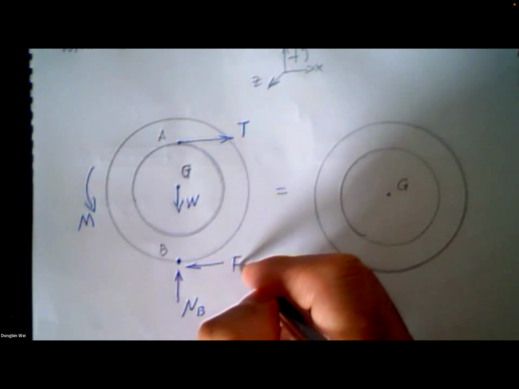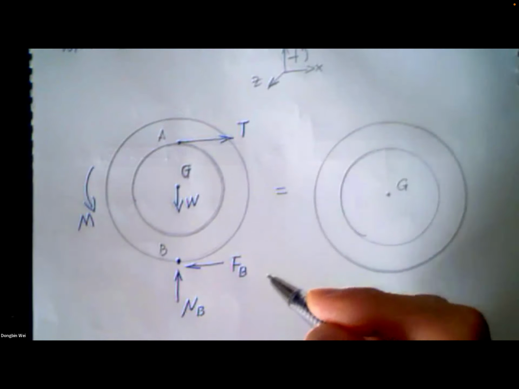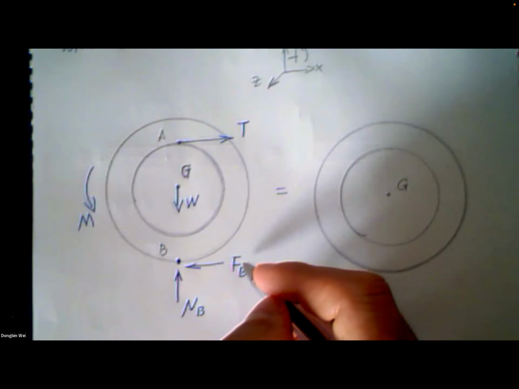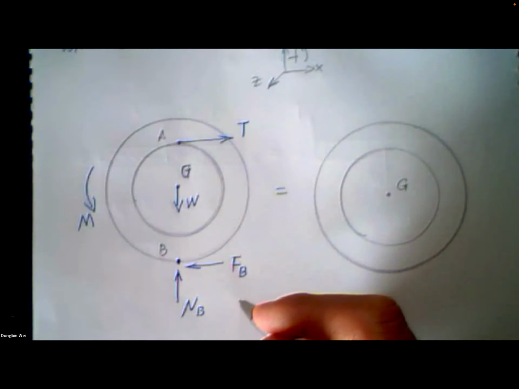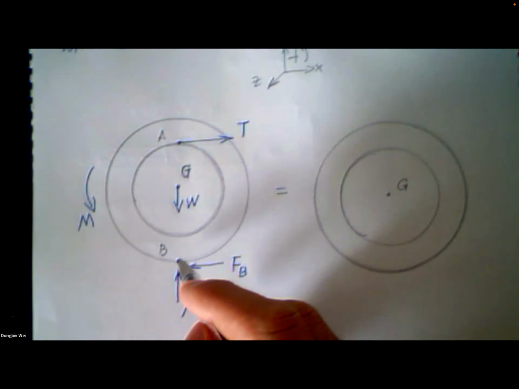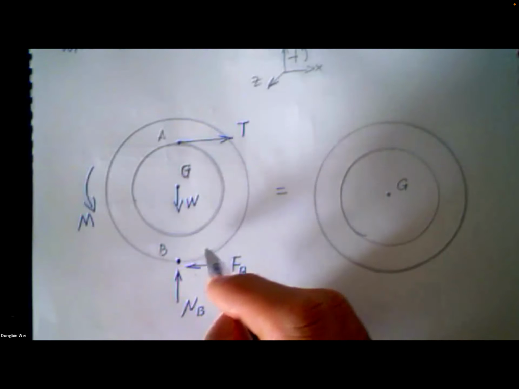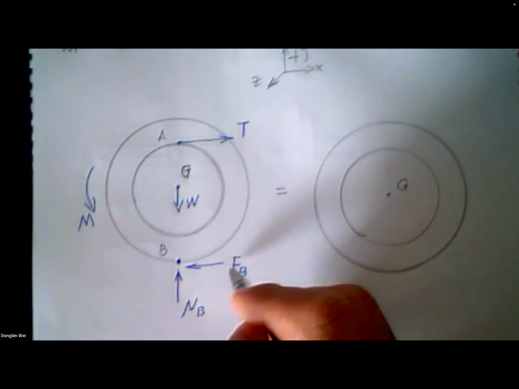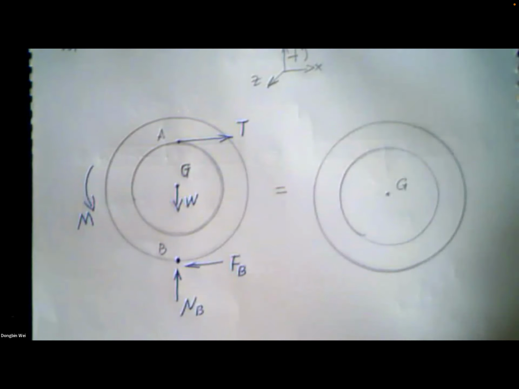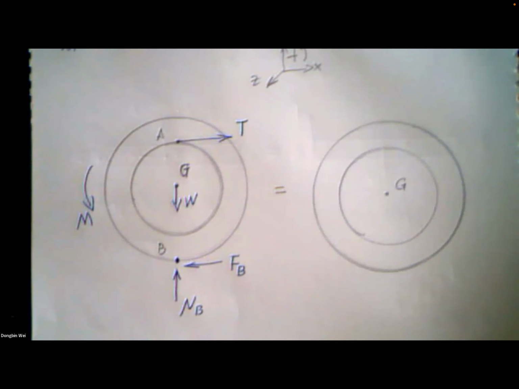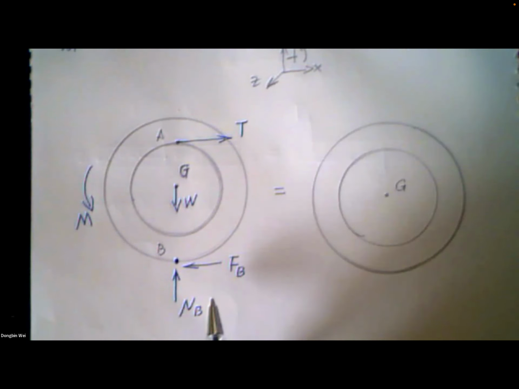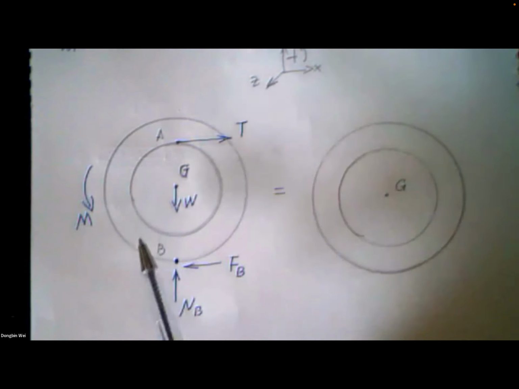So here we will have friction FB, and this is kinetic friction, because there is slipping, or relative motion, between this spool and the ground at point B. And that's the free body diagram. We have indicated all the external forces and moments acting on this spool.